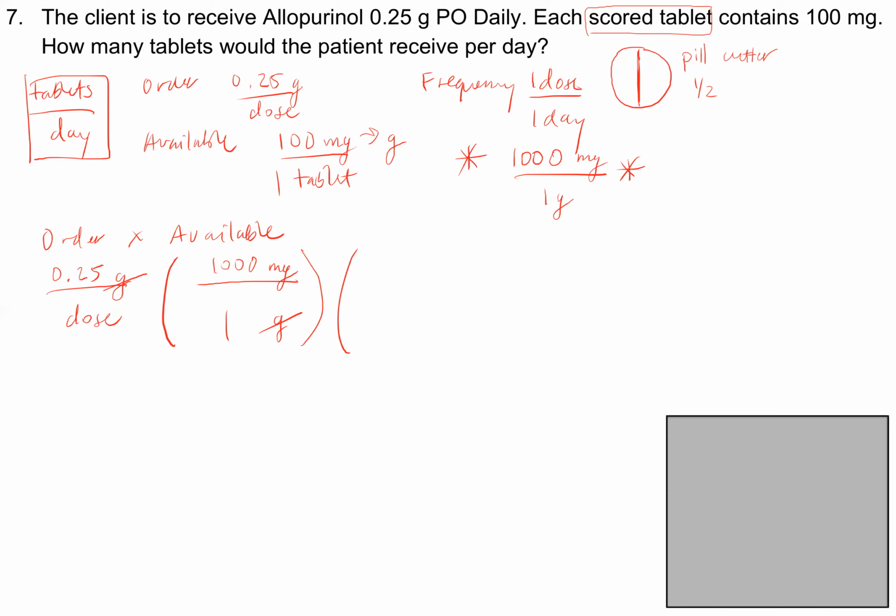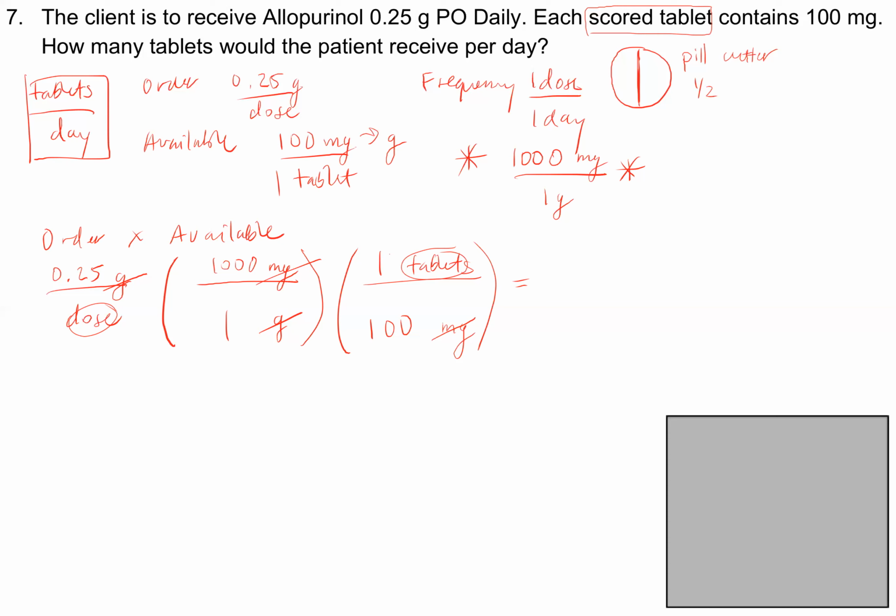Now you want the milligram units to cancel, and you're left with tablets in the numerator. So as you can see, gram units cancel, milligram units cancel, and we're left with tablets over dose. And don't forget to fill in your numbers.